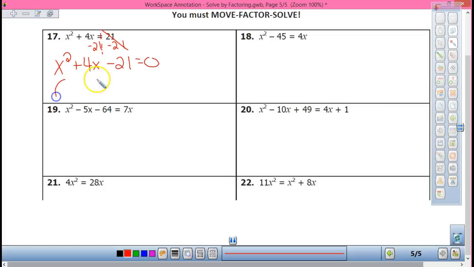Okay, so my two factors are x, you're right, I'm going to have 7 and 3. Which one's going to be plus, which one's going to be minus? -3 plus 7. Therefore, x equals -7 and x equals 3. Good.